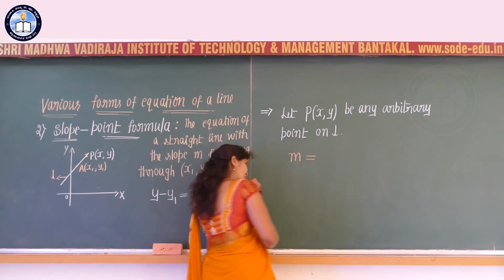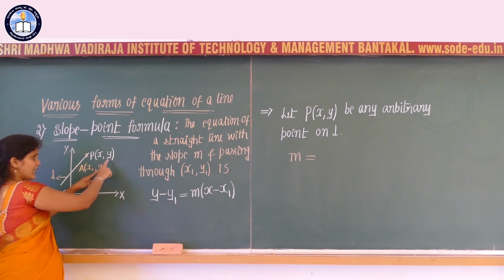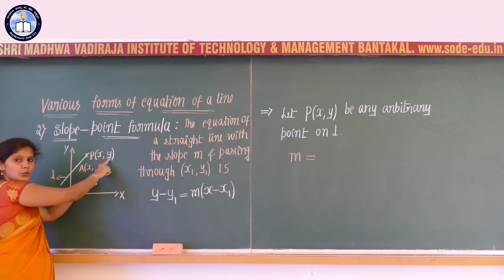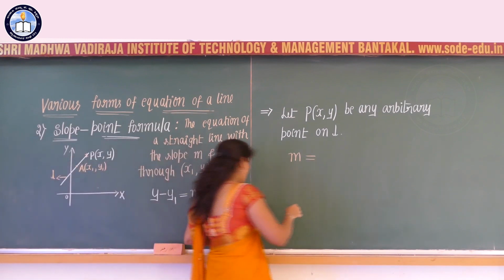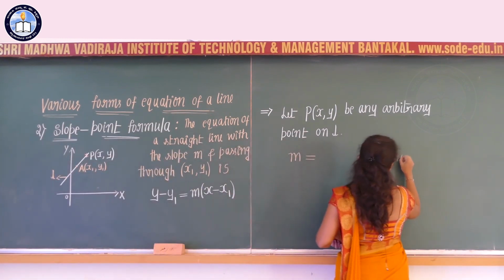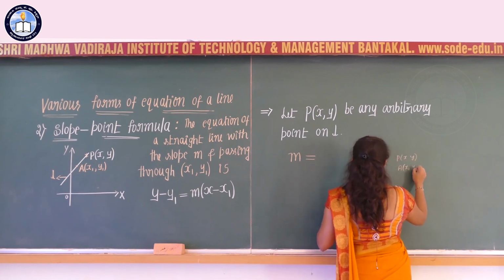What is meant by m? The slope of the line is given by, how to find the slope of the line for these 2 points, y2 minus y1 divided by x2 minus x1. Now we are considering the 2 points as P of x comma y and another one A with the coordinates x1 comma y1.